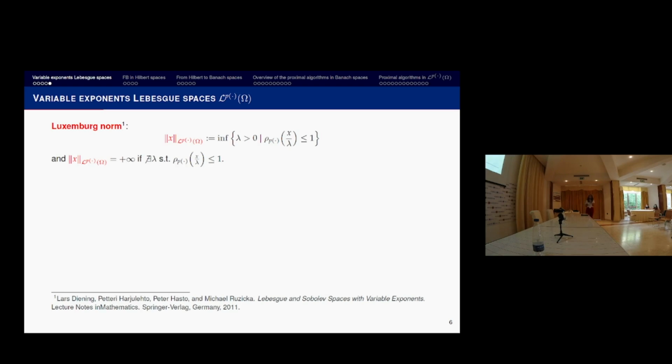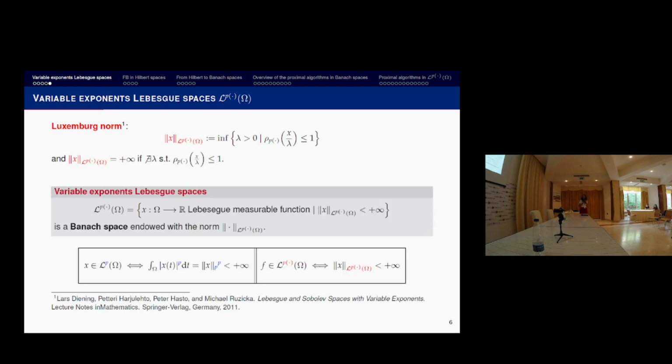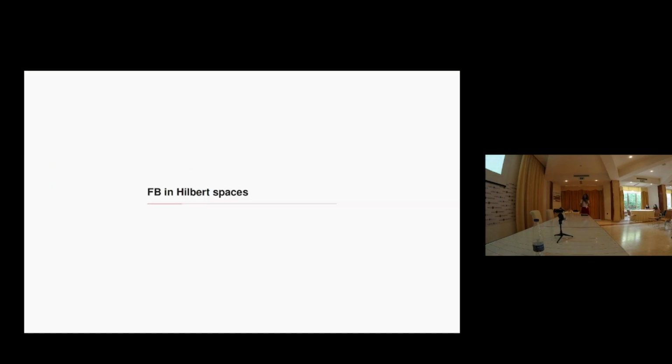And if such a scalar doesn't exist, the norm is plus infinity. And now we can also define the elements of the space. So this space is the set of the Lebesgue measurable functions such that the norm is less than plus infinity. And it is a Banach space with the Luxembourg norm.